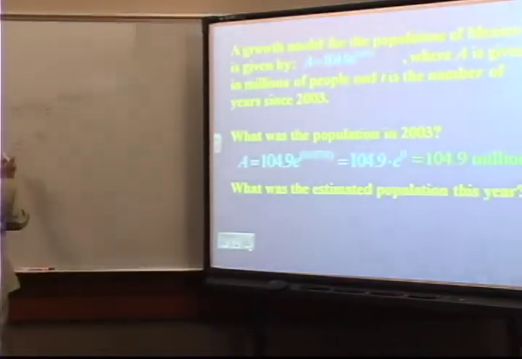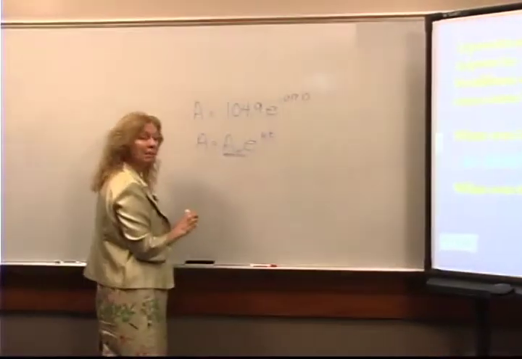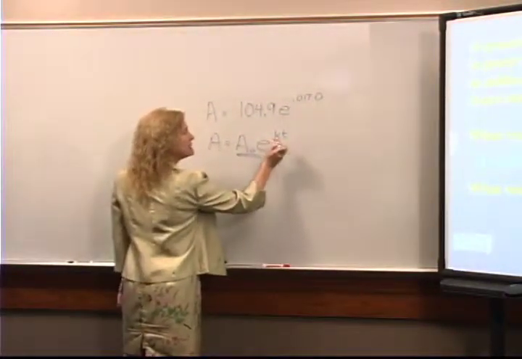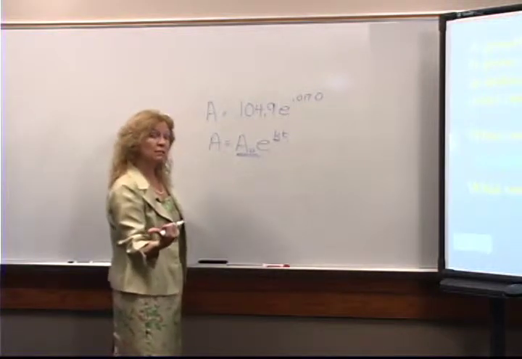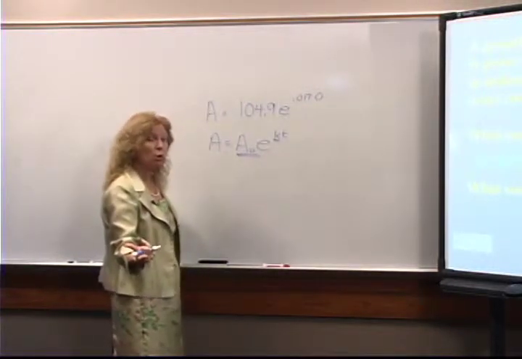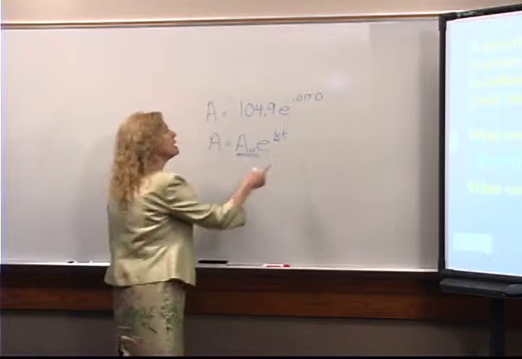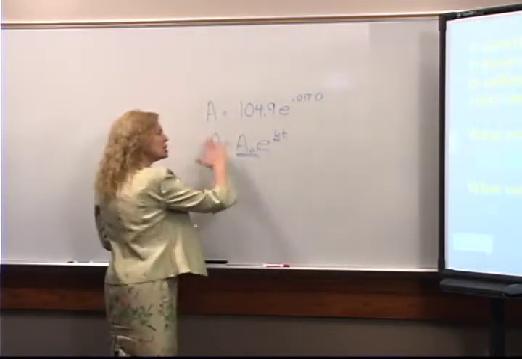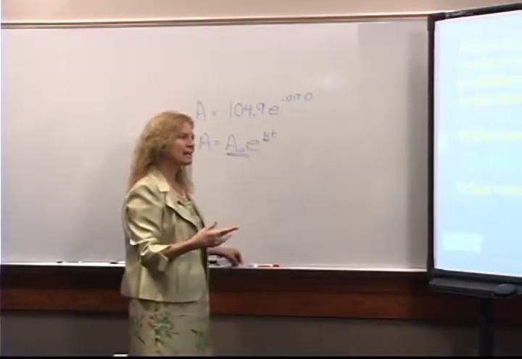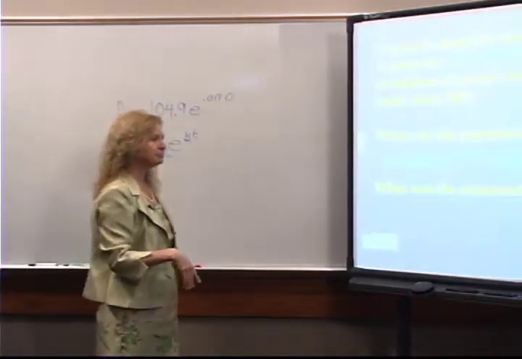That's why this is your beginning amount. Then k is some constant. It might be an interest rate, or it might be some other constant of growth or constant of decay. And then t, of course, is your time factor. All right? So this is the general equation that we use for exponential growth and decay.